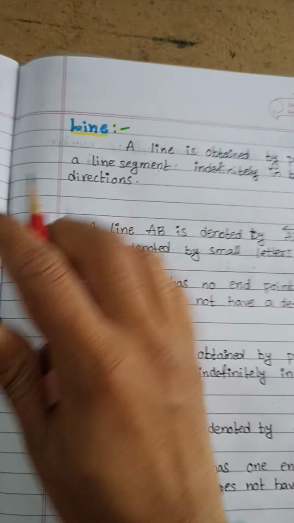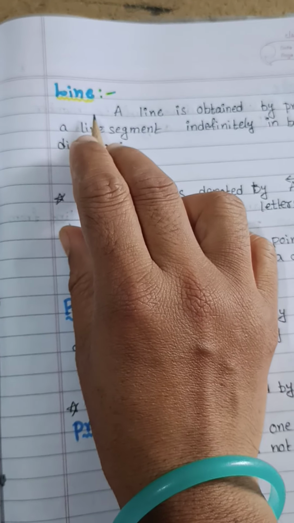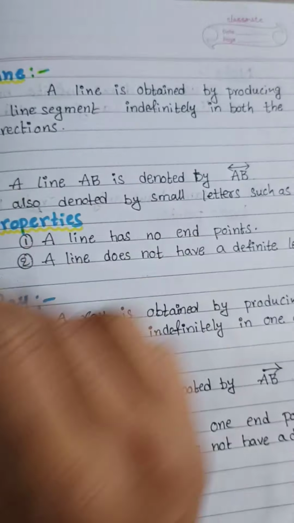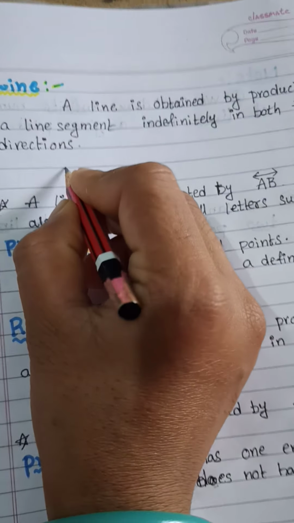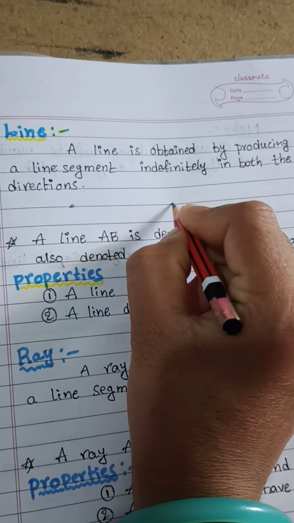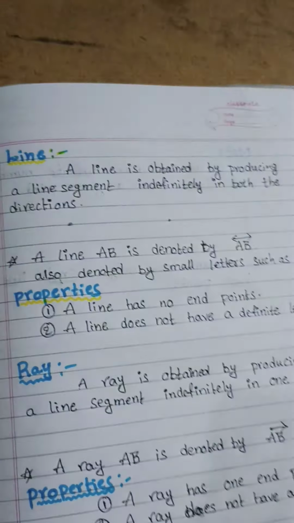Now let us learn about line. As we learned about a line segment, here I am taking 2 points. I am joining these 2 points. It is a line segment.